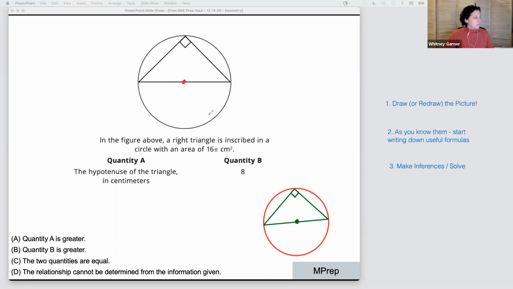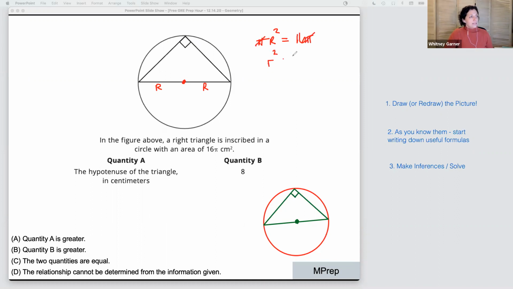that if I've got this piece right here, my hypotenuse is going to be twice the radius. So if this is the radius, this would be the radius too. The right triangle is inscribed in a circle with an area, so we know our area formula. Pi r squared is equal to 16 pi. Cancel the pi's.